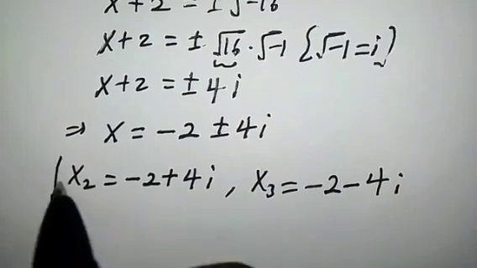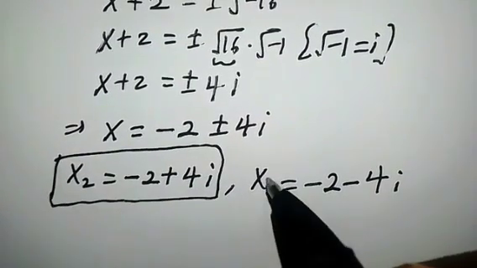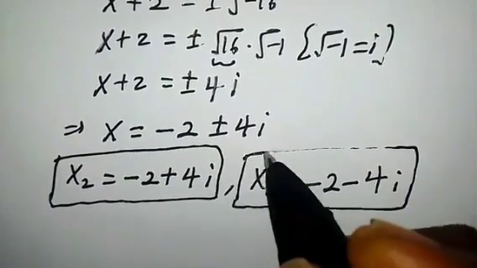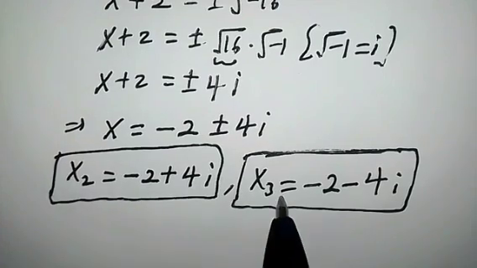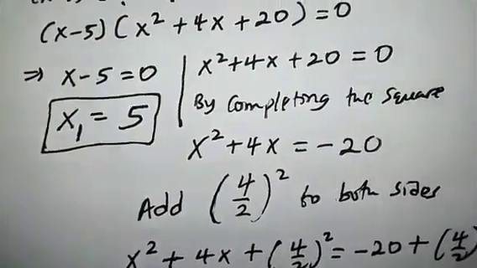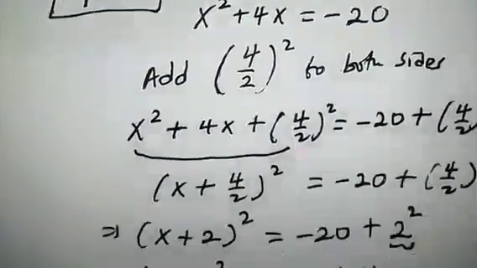This is the second solution, and this is the third solution. You will see that we have 3 distinct solutions for this algebra problem, 2 complex solutions and just 1 real solution, which is x1 equal to 5. That's it for this video.